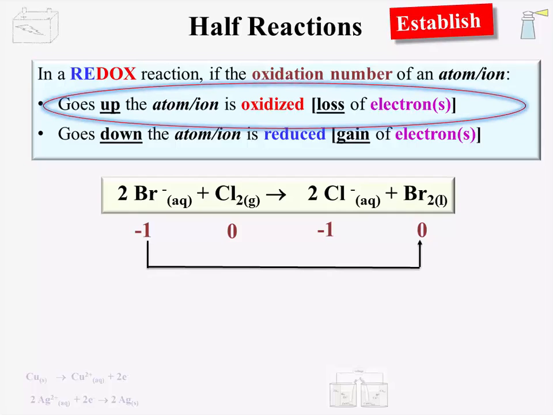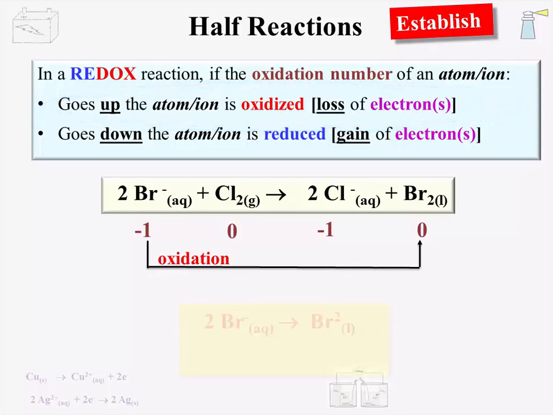If the oxidation numbers go up, the atom or ion is oxidized. This is the oxidation part of the equation. Pull the bromide and bromine out and establish a half reaction.